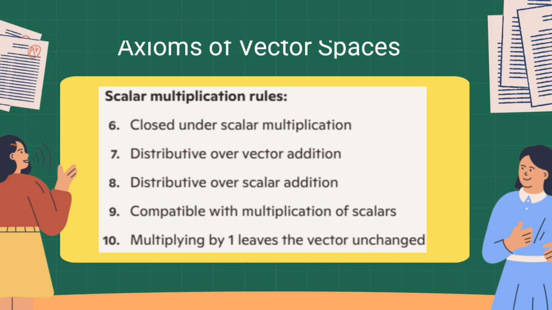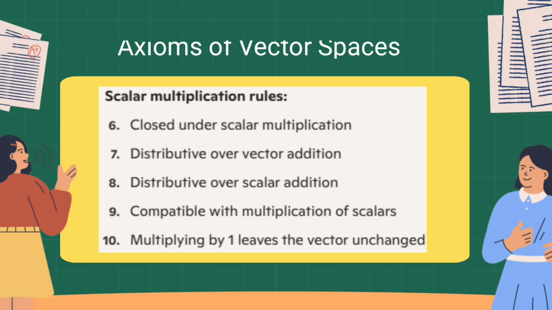Next, number 8, distributive over scalar addition. Scalars also distribute, so (c plus d) times u becomes c times u plus d times u. This ties scalar addition to vector scaling.